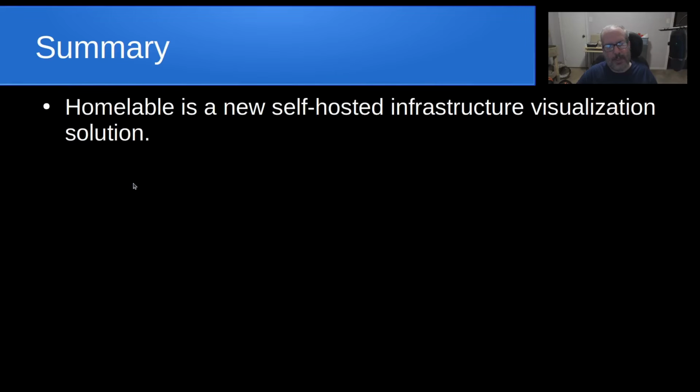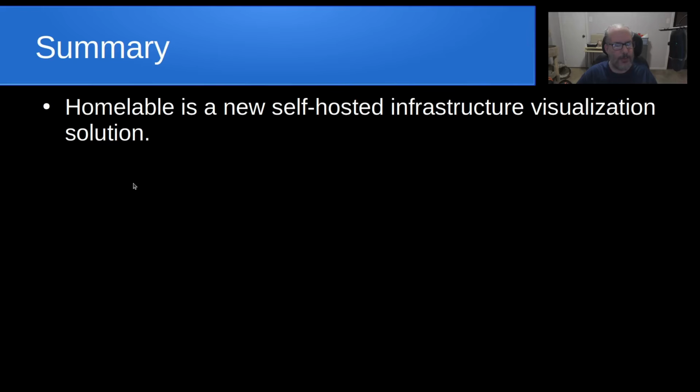On the surface, this application might have appeared to be a little bit disjointed, but in reality, we really were talking about two things that do have a relation to one another. So as a way to sum this up, HomeLabable is a new self-hosted infrastructure visualization solution.